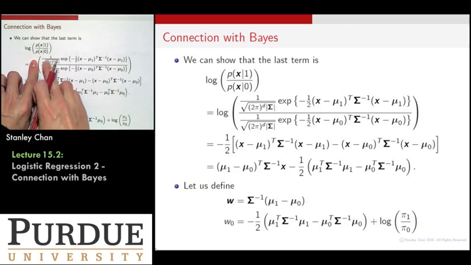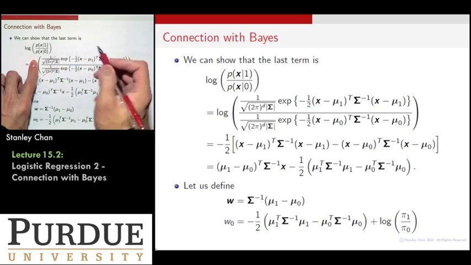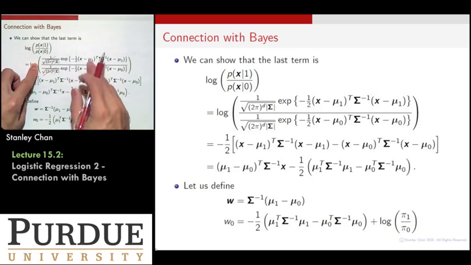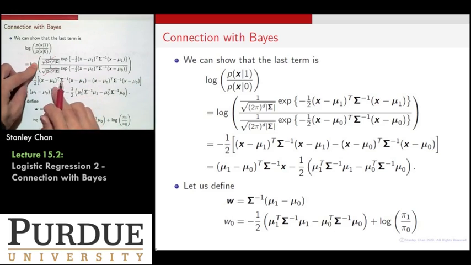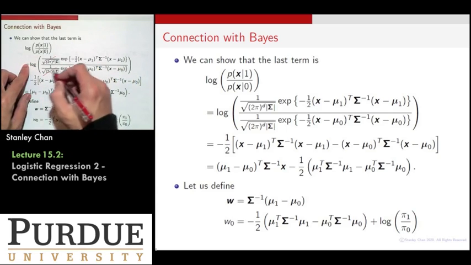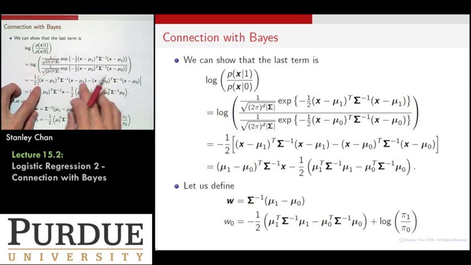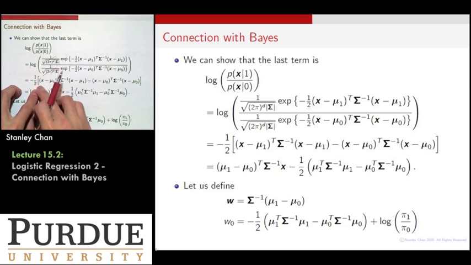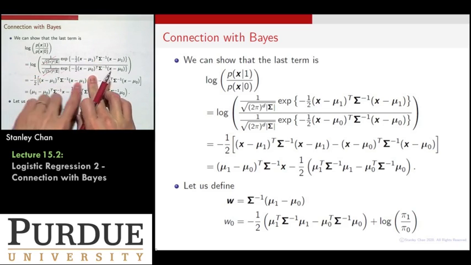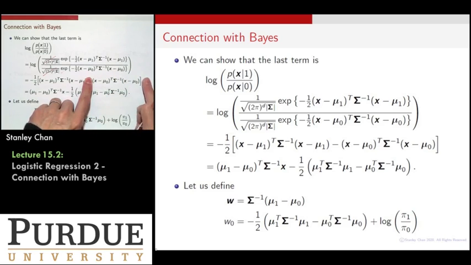First of all, this is a constant for both, and so you can cancel them out. And second, there is an exponential in both the numerator and denominator, so you can group the terms together. It becomes exponential of this minus that. And since you have a log outside, these exponentials will go away. And therefore, you will be left with minus 1/2 of the numerator, that's a Mahalanobis distance, minus the other distance.